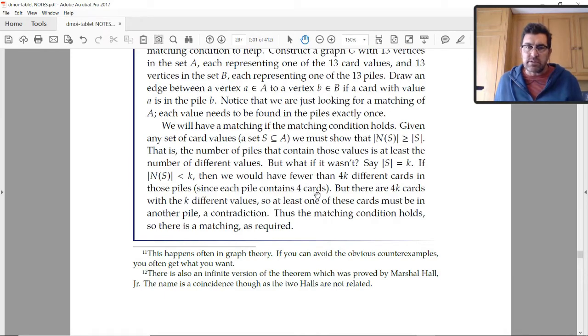There's 4 suits. But there are 4 cards with a different K values. So at least one of these cards must be in another pile, which is a contradiction, because we piled the values on top of each other. Thus the matching condition holds because of that contradiction, and there is a matching as was required.